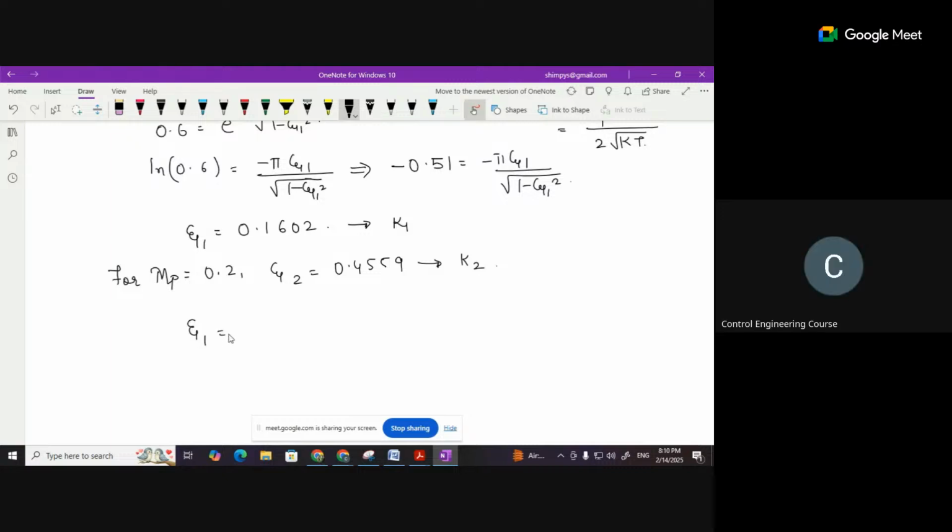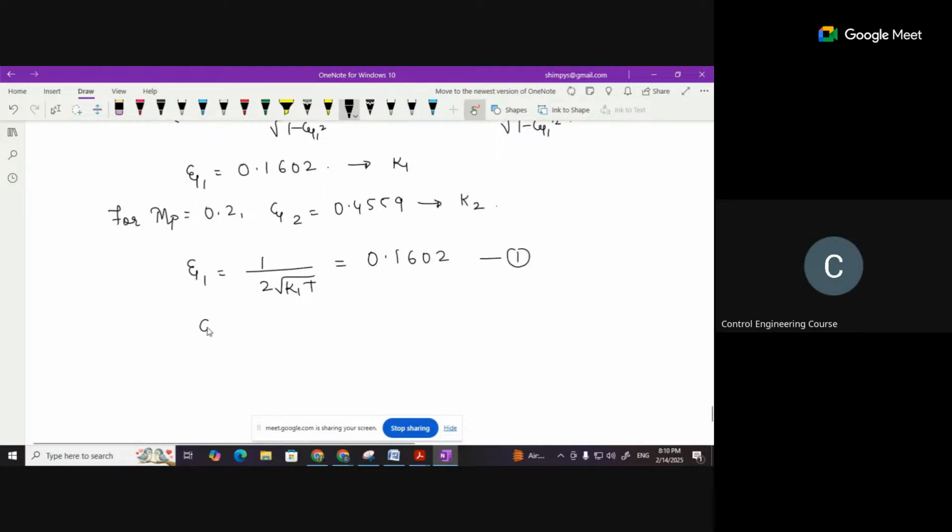So, zeta 1 will be 1 by 2 root k1t. That is how much? 0.1602. Correct? So this is your equation number 1. Similarly, for zeta 2, 1 by 2 root over k2t is equal to 0.4559. Correct? This is equation 2.